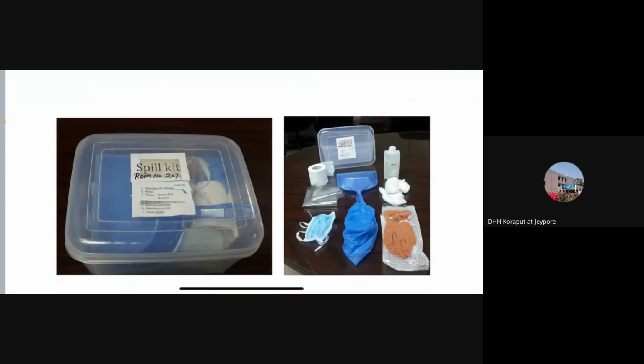Because if the housekeeping staff is not aware of the spill, he might use the same mop he uses for routine cleaning, and then this mop would get contaminated, and he will spread the infection to all the adjoining areas, and that is very wrong. So that is why spill management is another important part of infection prevention.